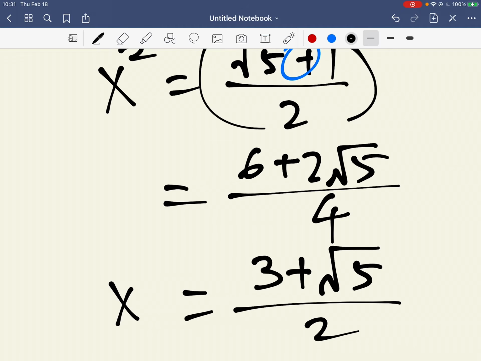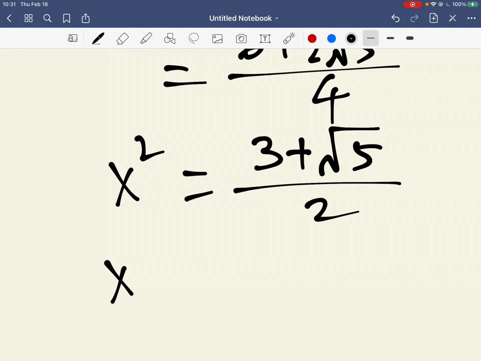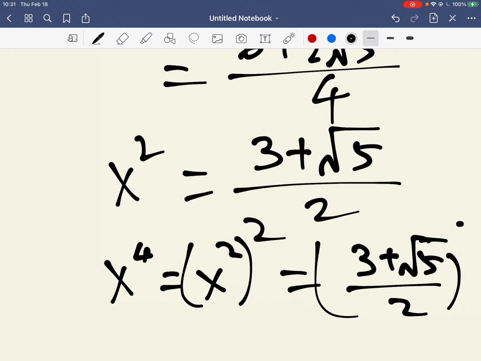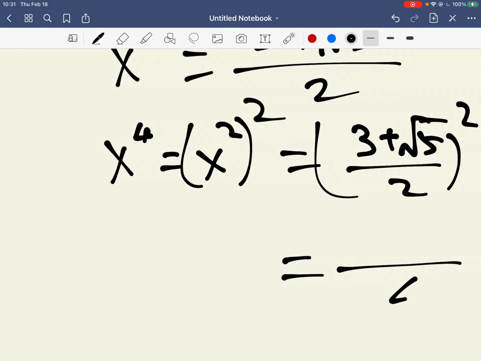That is x squared. And we know that x to the 4th is equal to x squared squared, which is 3 plus root 5 over 2 squared, or 4 over 4, which is 9 plus 5, which is 14 plus 6 root 5.